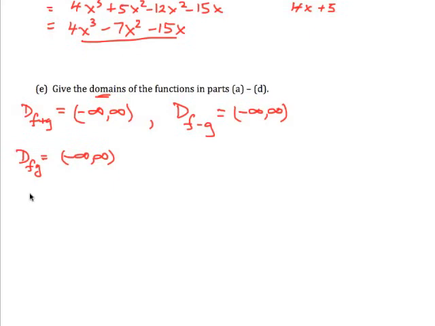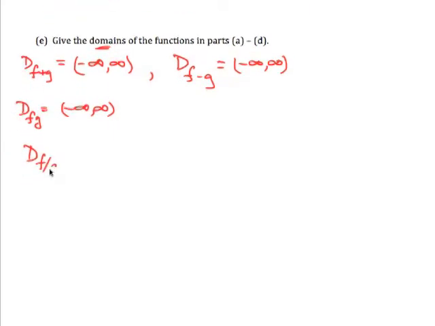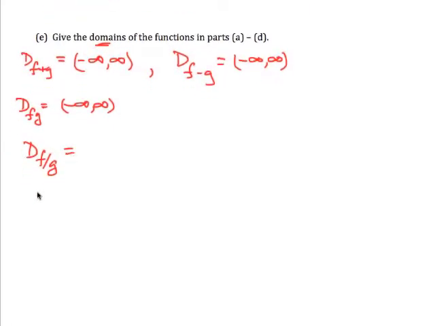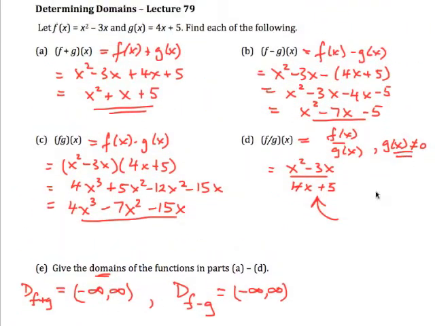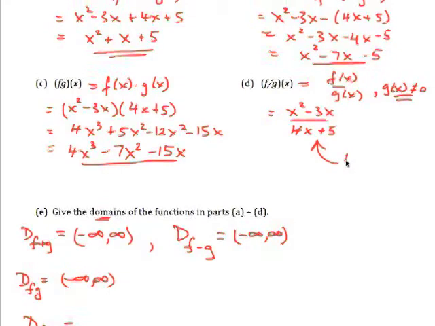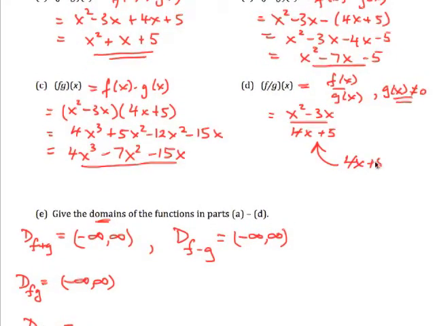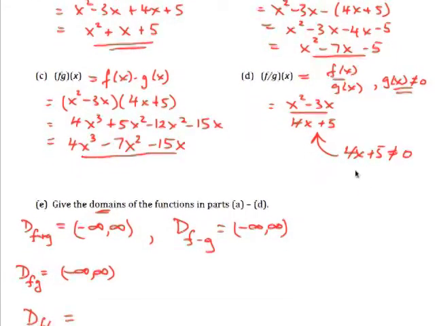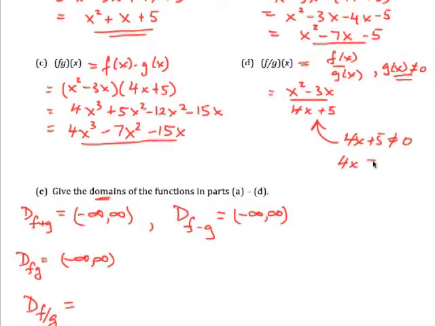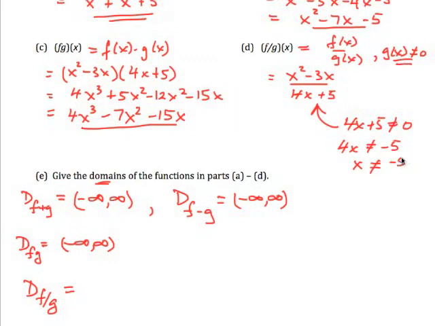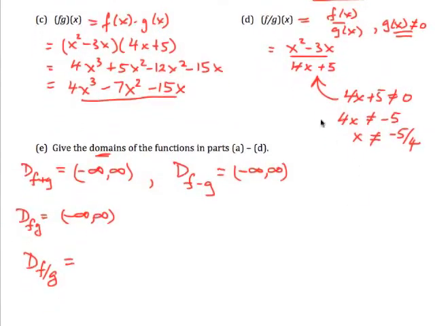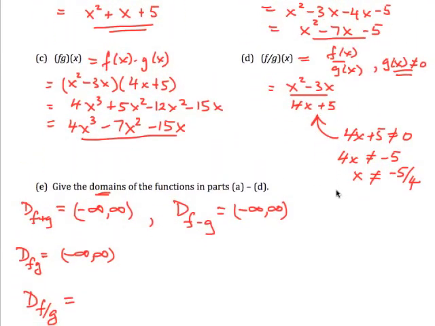Now what about the domain of f divided by g? Well, we need to come up here and have a look at this and remember that we have this restriction. We can't have 4x plus 5 equal to 0. So 4x cannot equal negative 5, so x cannot equal negative 5/4. We can have any other value.